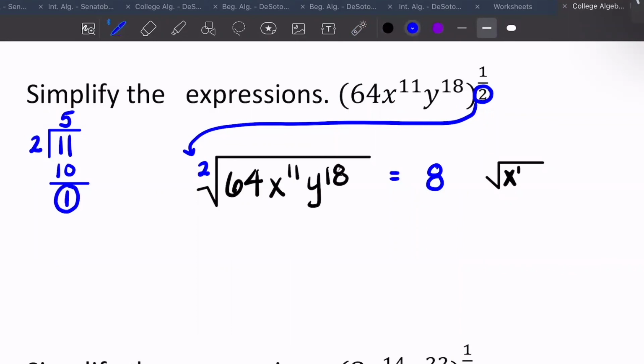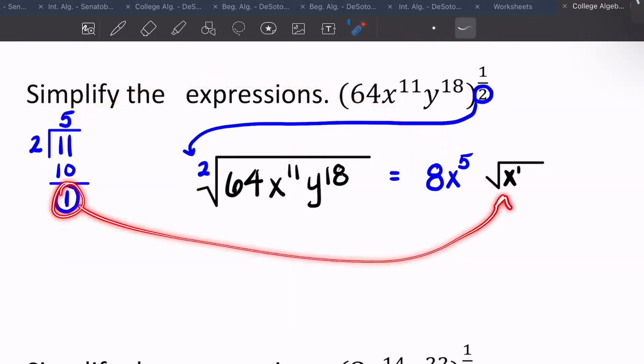So we have x to the 5th. Again, I'll say that one more time. I divided 11 by 2, and I said, all right, 2 goes into 11 5 whole number of times. That comes out of the house. And I had 1 left over that had to stay inside.